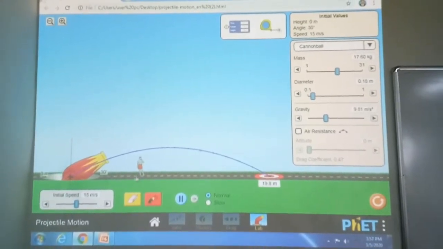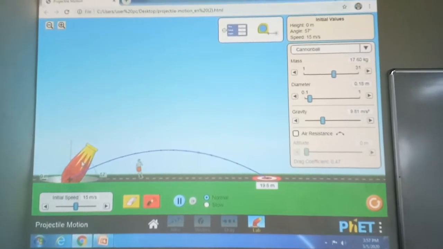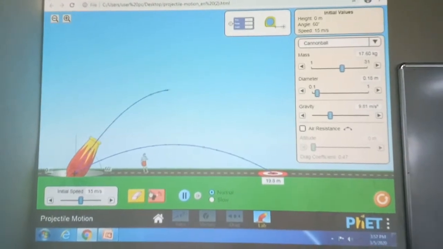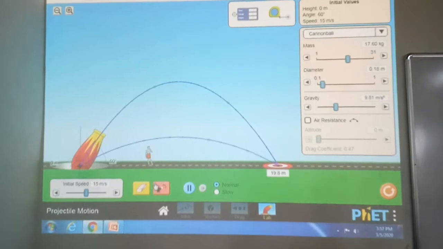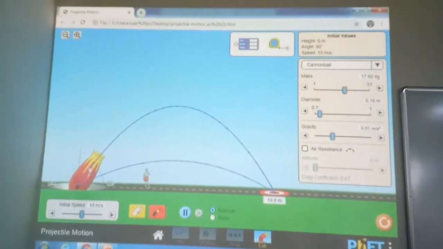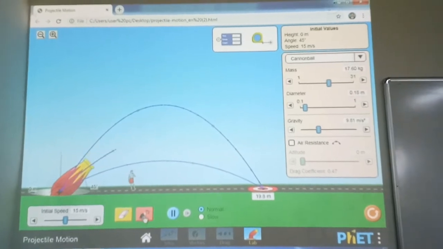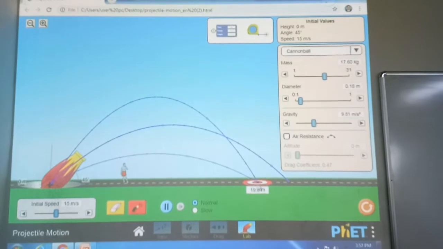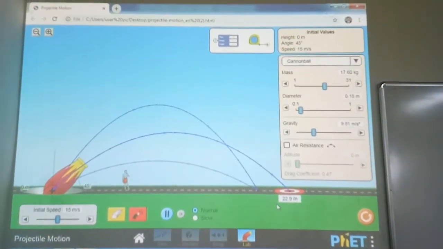Another one, theta and 90 minus theta: 90 minus 30 means 60 degrees. 60 degrees also has the same range value, that is 19.8 meters. At theta equal to 45 degrees, it has the maximum range that we can observe, that is 22.9 meters.